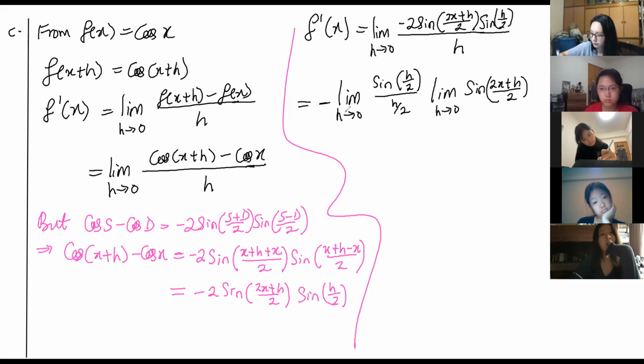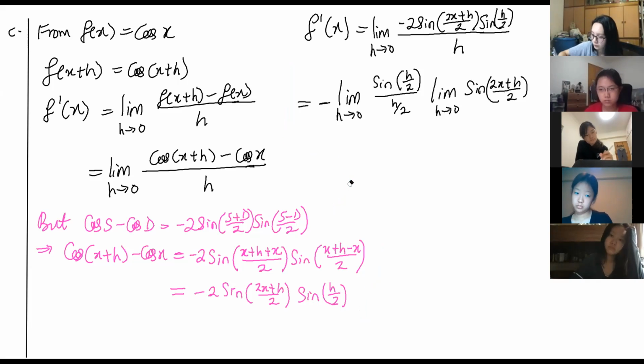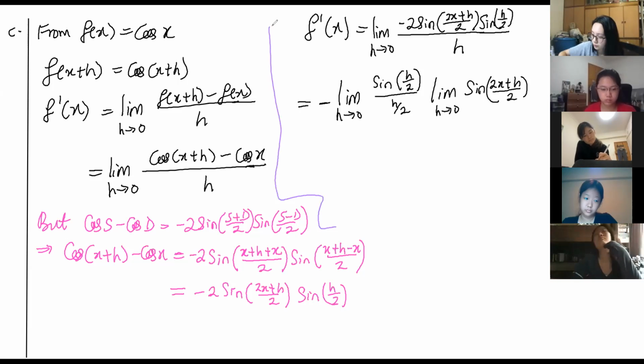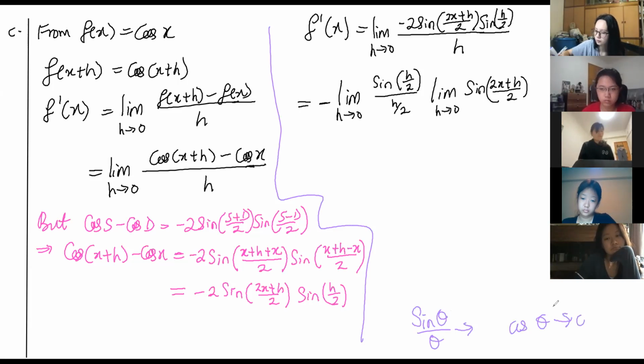When h approaches 0, h over 2 also approaches 0, right? You remember the fundamental limits for trig? So what we are trying to use is this idea. As theta approaches 0, sine theta over theta approaches what? 1. That's what we are trying to use.